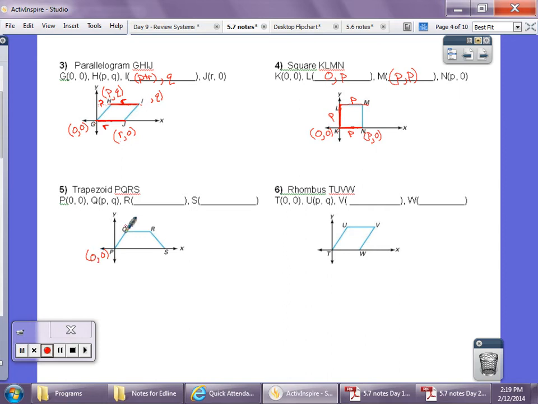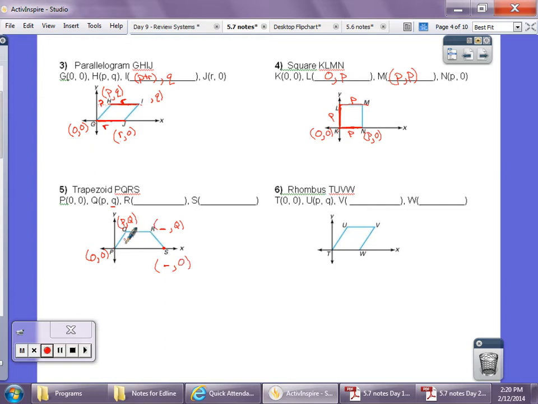And we know that Q is P, Q. So when we look at the trapezoid, we need to find R and we need to find S. What we know about R is that R has the same Y value as Q, and Q's Y value is Q, so R is something comma Q. And what we know about S is it has the same Y value as P, so it's going to be something comma 0. We just have to find out what those somethings are.